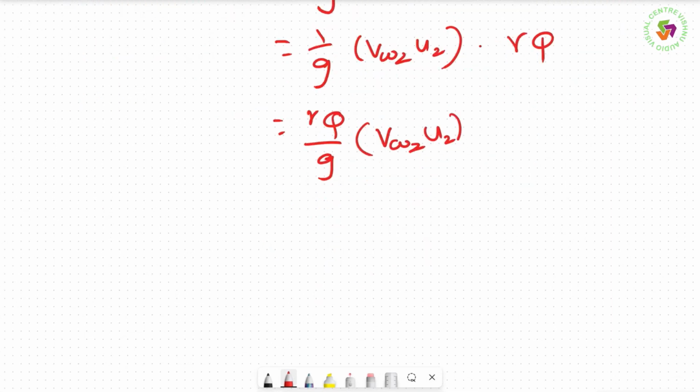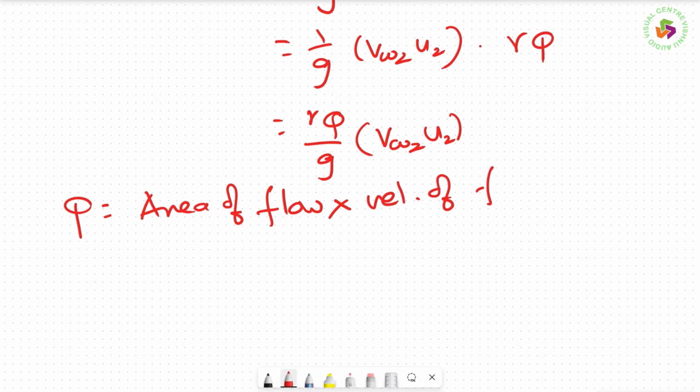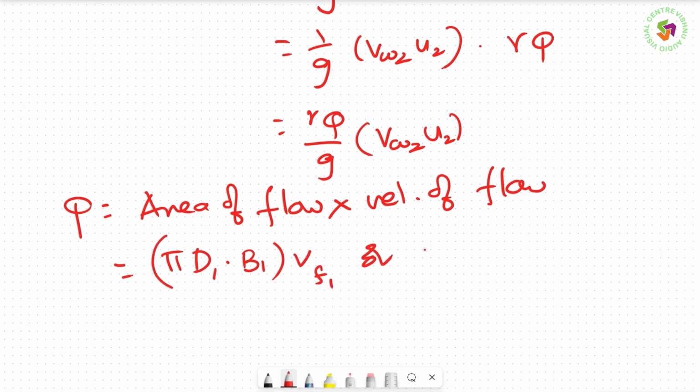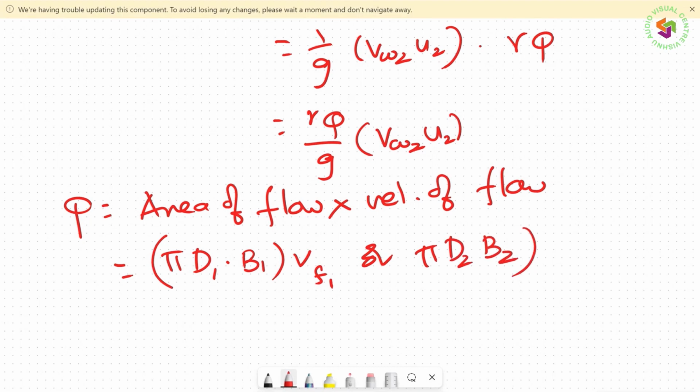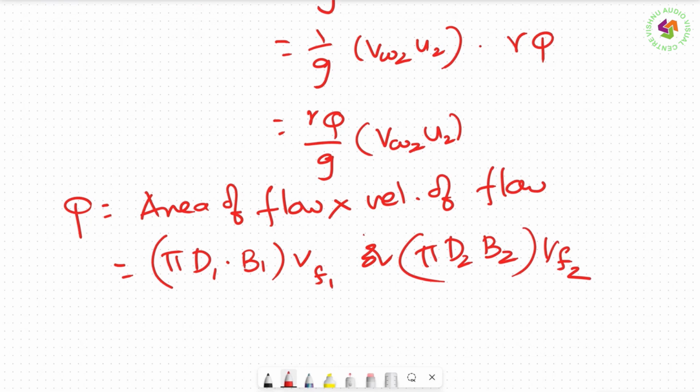Then to get Q, Q is equal to area of flow into velocity of flow. Area of flow is pi D1 into B1 into Vf1 or pi D2 into B2 into Vf2, that we can use and find out. So this completes the derivation for work done. Kindly note that in the derivation for work done, it is 1 by G into VW2 U2.